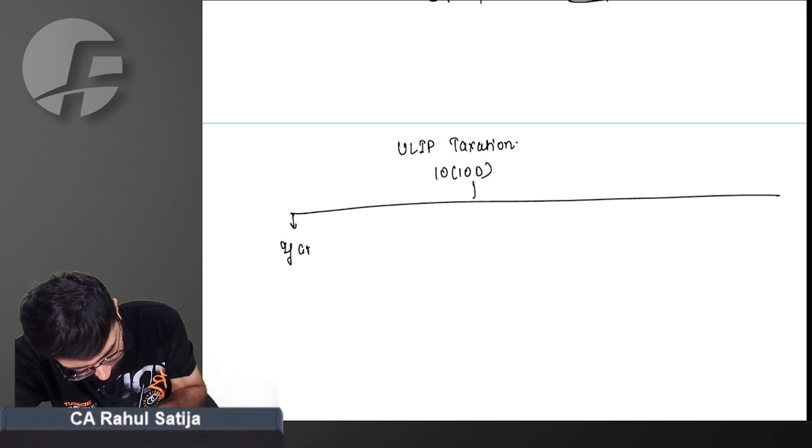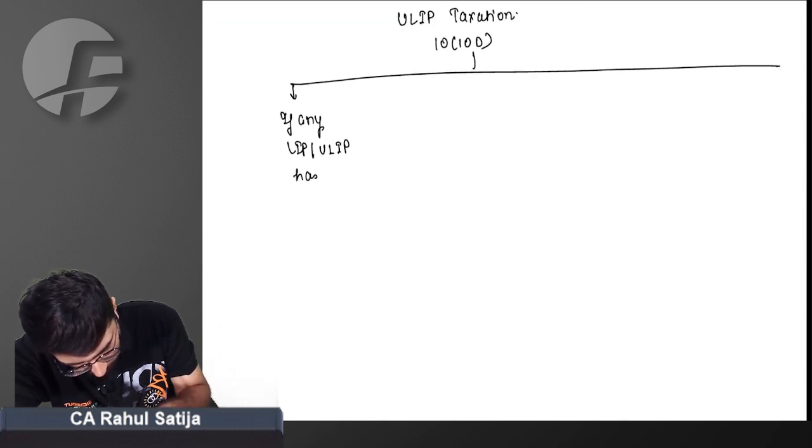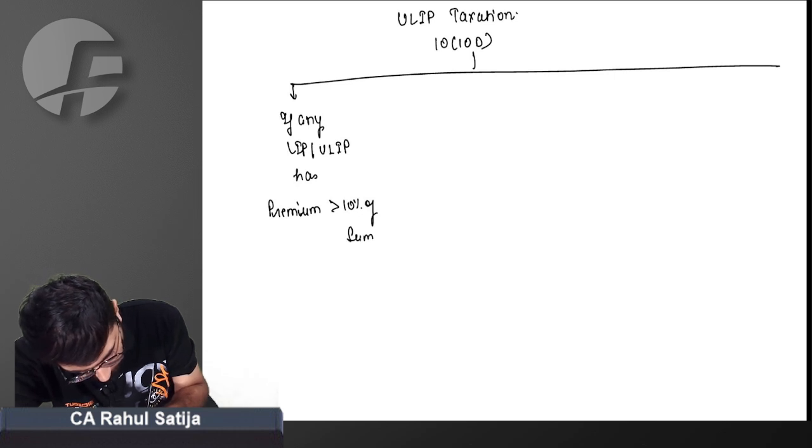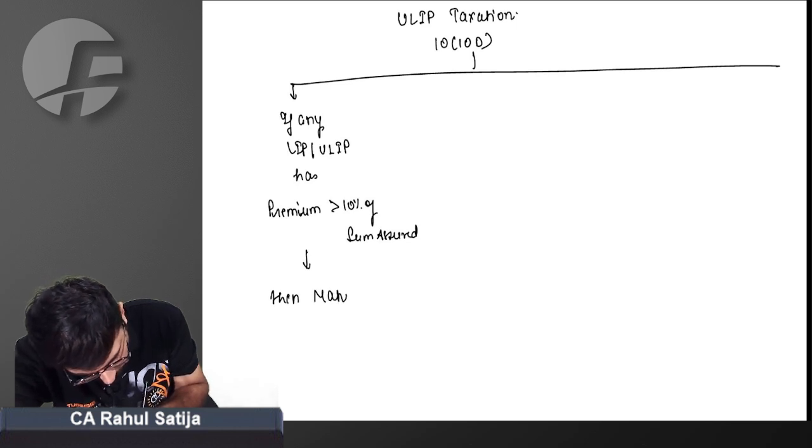If any life insurance policy or ULIP has premium greater than 10% of sum assured, then maturity of such life insurance policy is taxable.